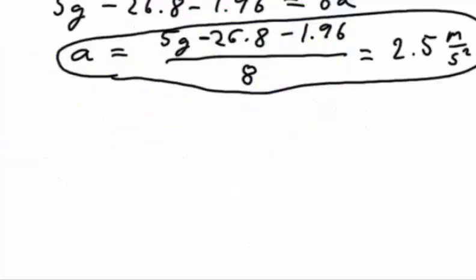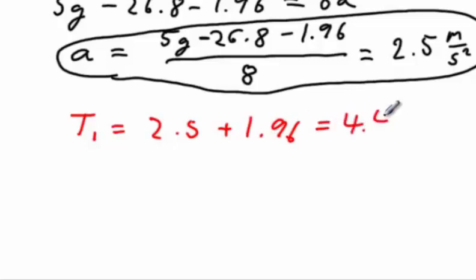Tension 1, therefore, is equal to A, which is 2.5, plus 1.96, which is 4.49, or we'll call it 4.5 newtons.